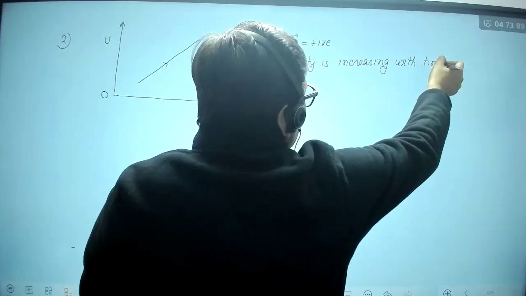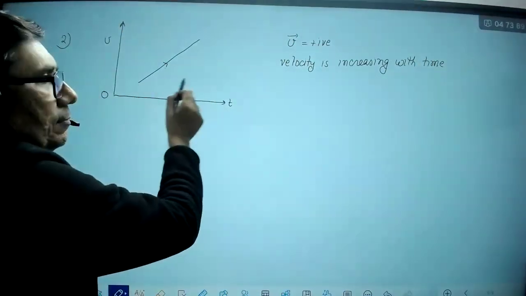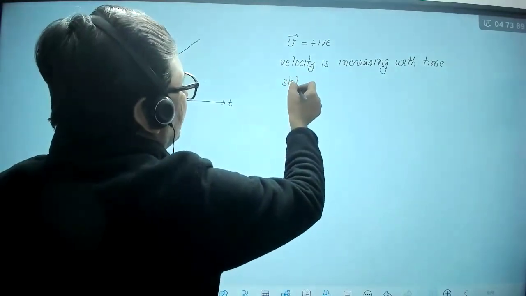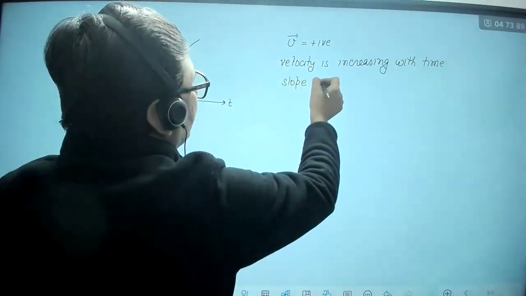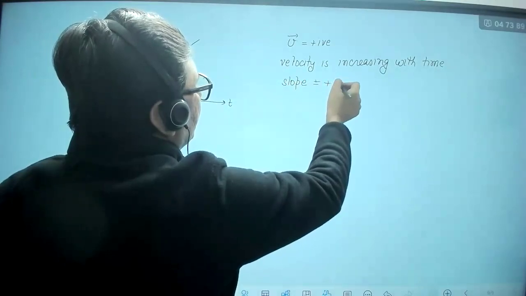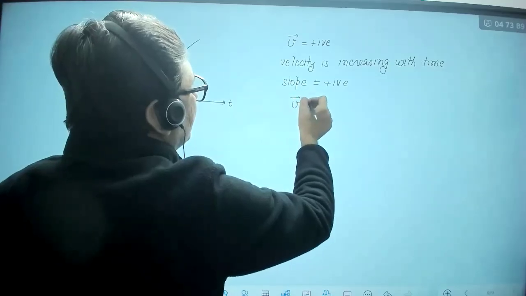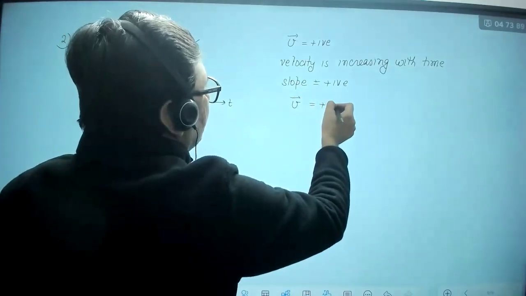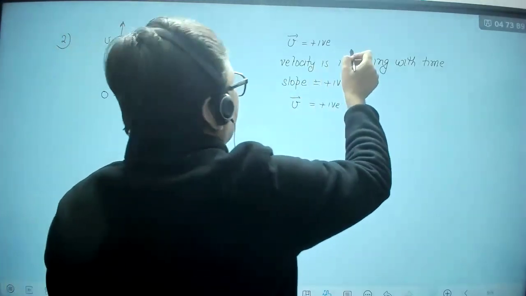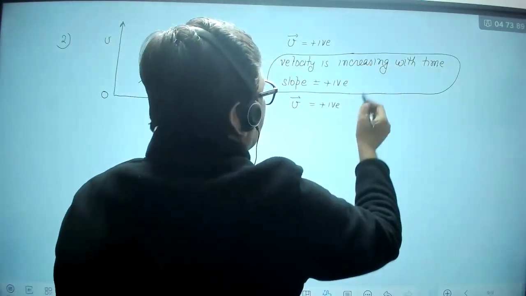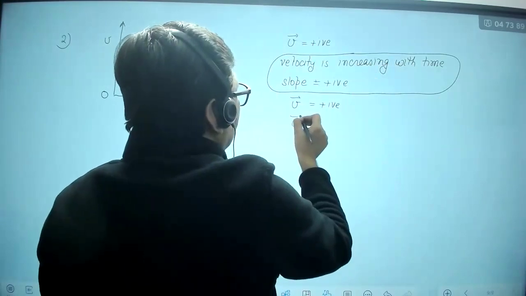So A is positive. Second, the slope is also positive. You can look at both. The slope is positive, so the velocity is positive. And these two facts are telling me that acceleration is positive.